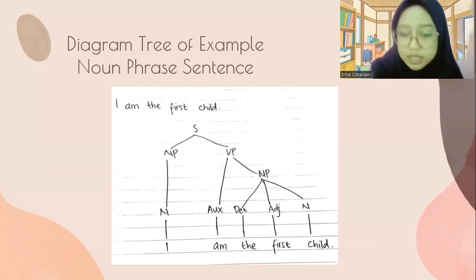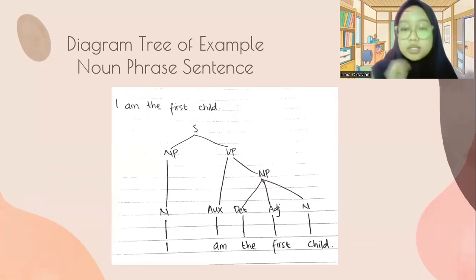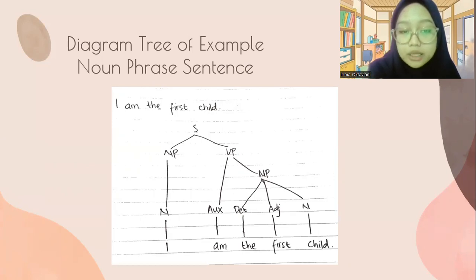And then the noun phrase has three parts, namely determiner, adjective, and noun. So the tree diagram for this sentence is noun for I, auxiliary from am, determiner from the, adjective from first, and the noun is from child.